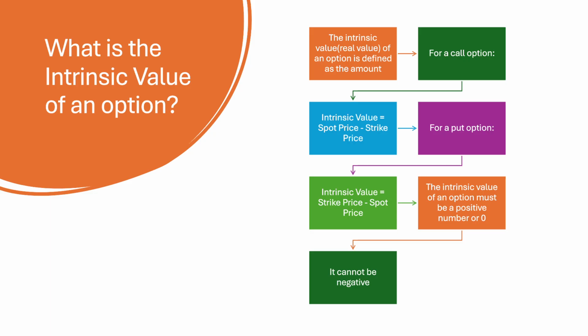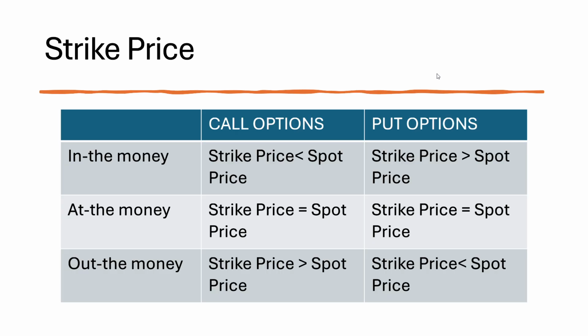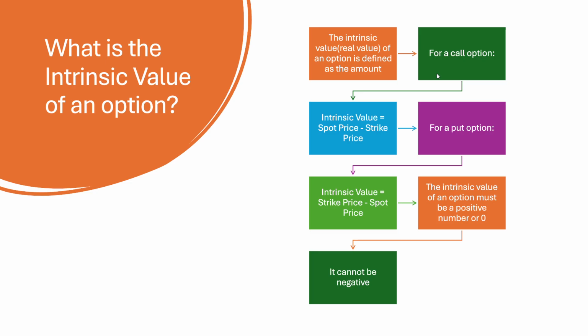This is what we need to know when it comes to strike price. In option trading, we call it intrinsic value instead of real value. Both are the same: real value is equal to intrinsic value. Intrinsic value is basically the real value of the option.